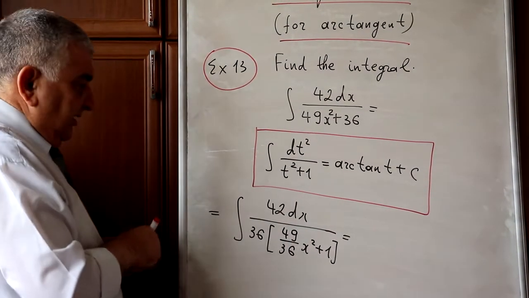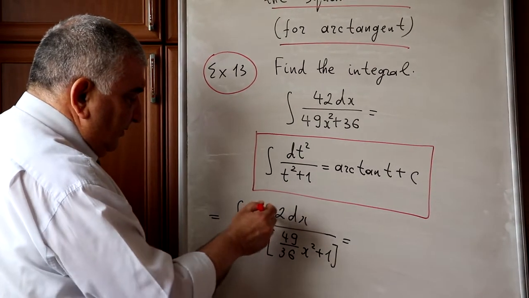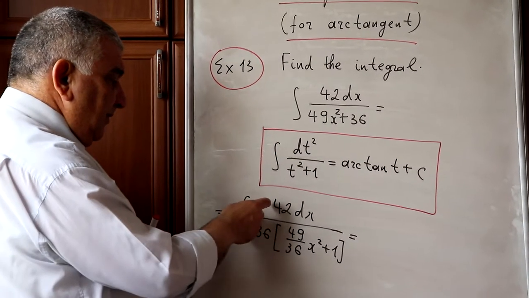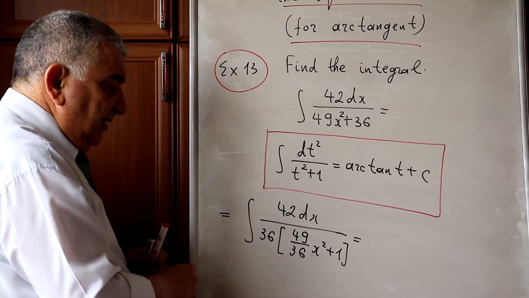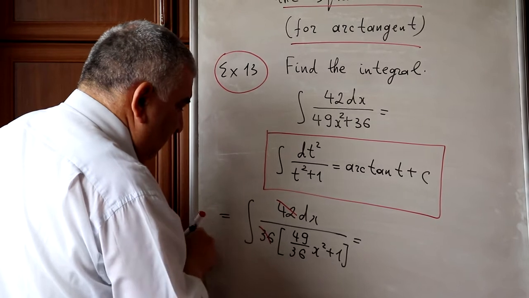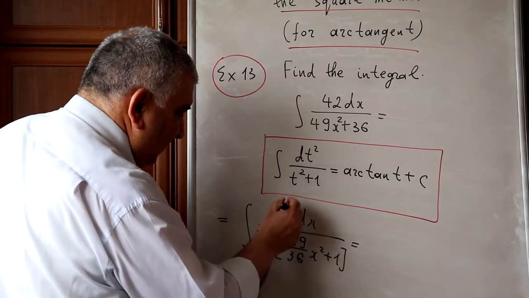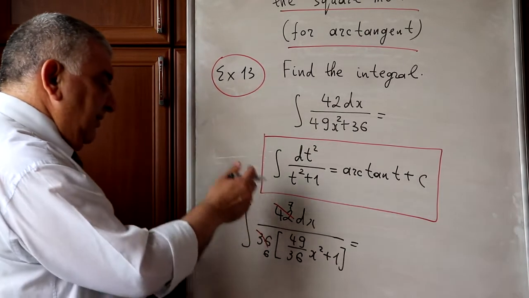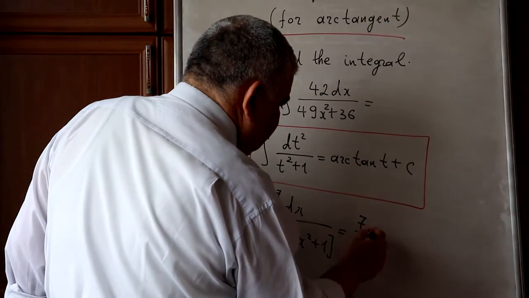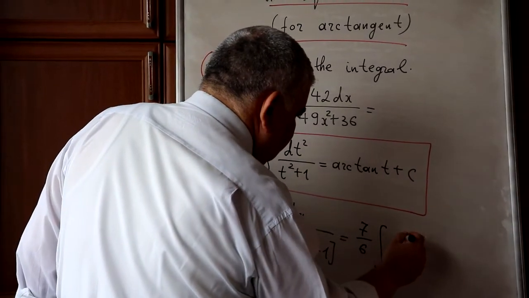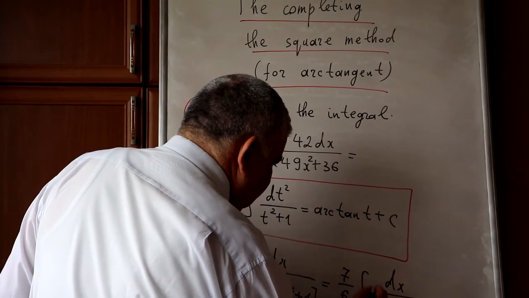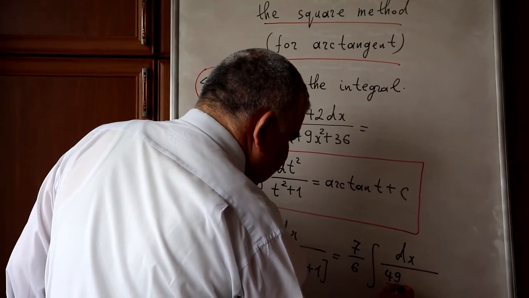Then we can simplify 42 and 36 by 6. Here we will have 6, here 7, and then take 6 out of the integral symbol. 7 over 6 multiplied by integral of dx over 49 over 36 x squared plus 1.